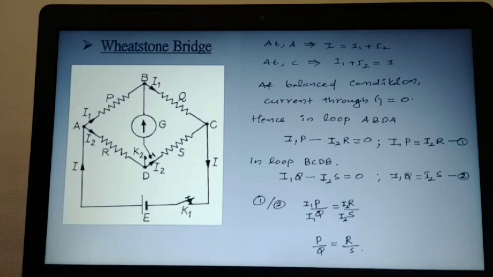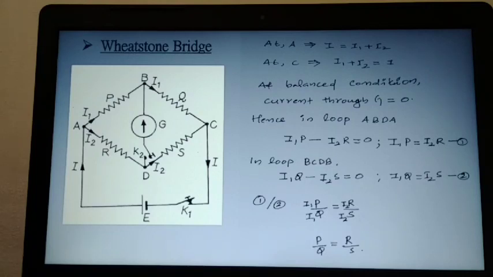And when the current I reaches the junction A, you can apply your current law. What does the current law say? A is a junction, and from the junction, current can split into two paths, through P and through R. So at A, current I will split into I1 and I2.